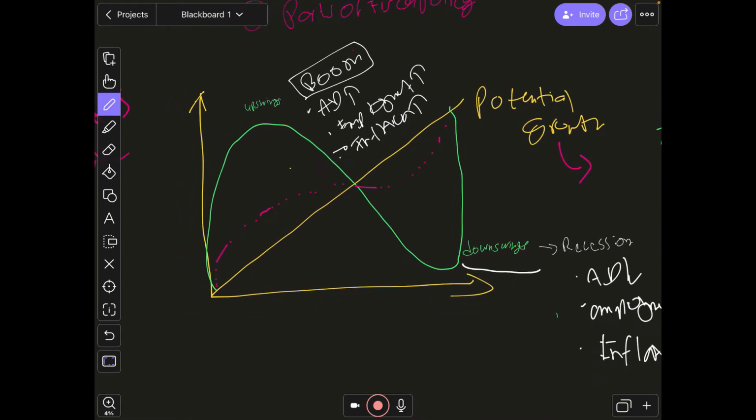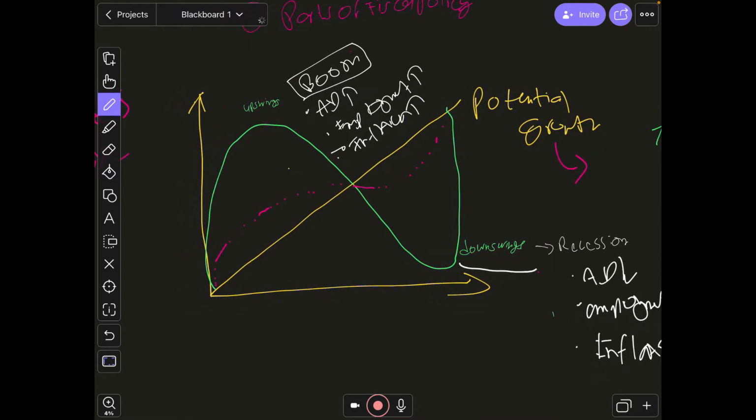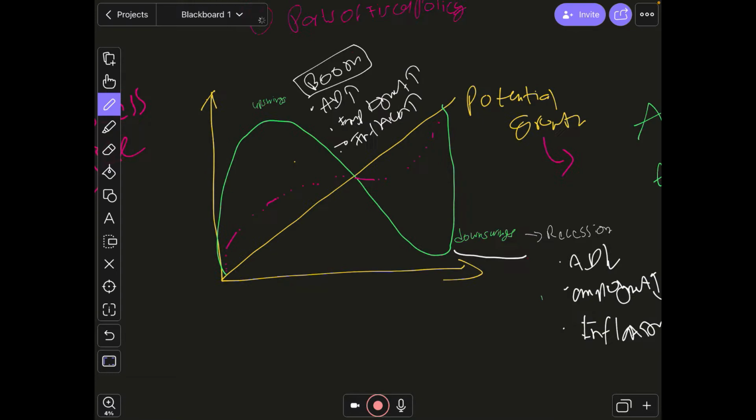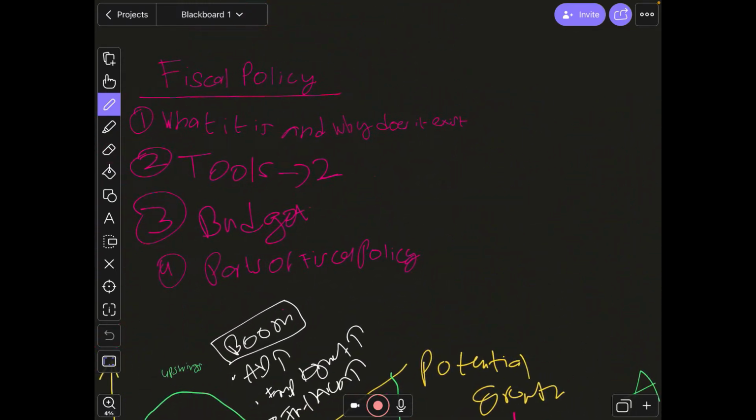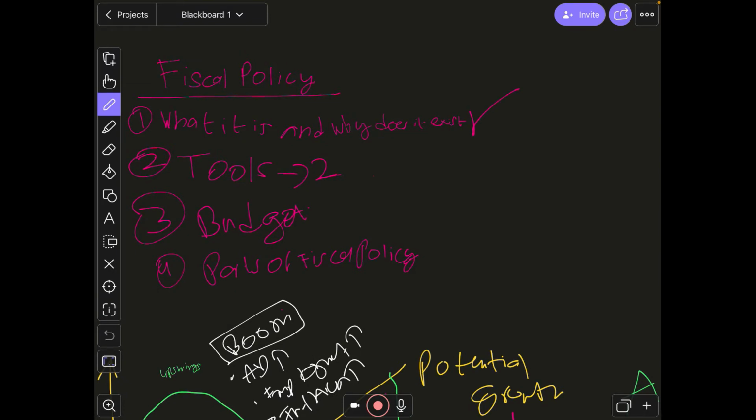As we can see, this pink dotted line represents what the government wants to do. The government wants to get as close as possible to the potential growth curve, which is the mean position in this case. So this explains what fiscal policy is and why it exists.